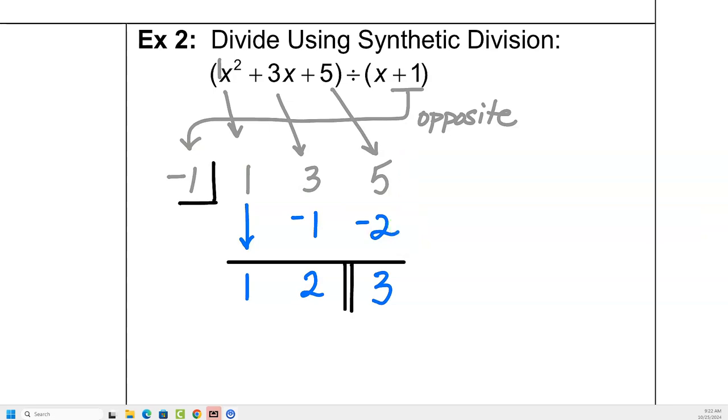Now we're going to do the following. Here we go. So this was a quadratic. Do you see that? So you always subtract 1. 2 minus 1 is 1.